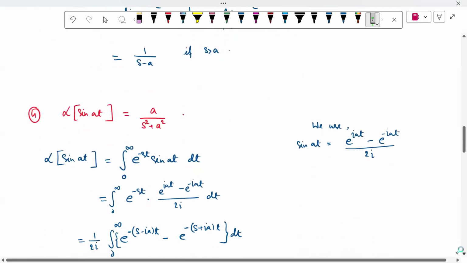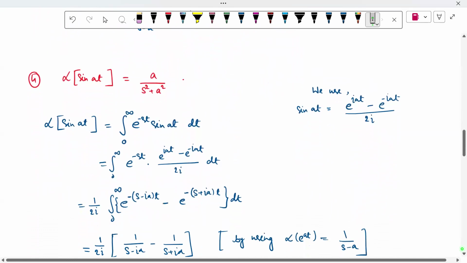Now the sine function. The Laplace transform of sine at is equal to the integral from 0 to infinity of e to the power minus st sine at dt. Now we use this formula: sine of at can be written as e to the power iat minus e to the power minus iat, by 2i, using Euler's formula. Using Euler's formula, we can derive this.